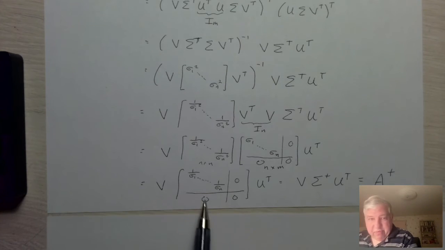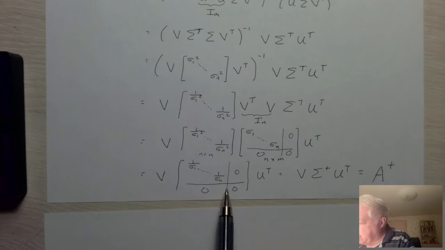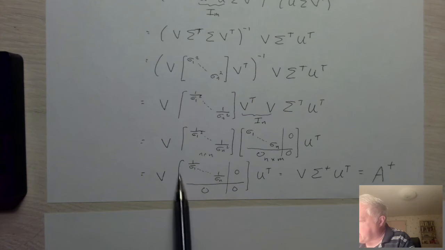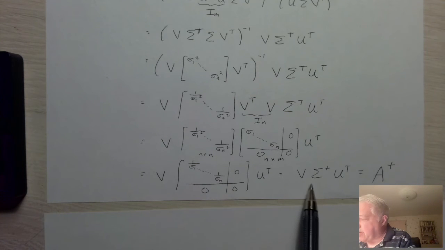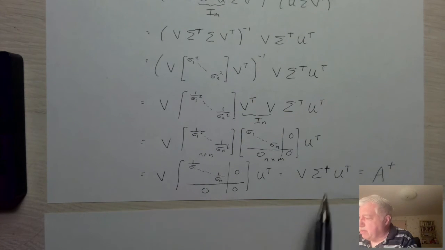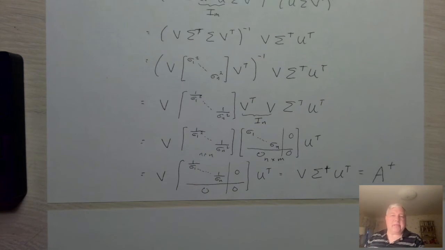So we get the reciprocals of all the singular values here, and we have 0, 0. Remember, this matrix will be n by m, and in fact, this matrix right here is precisely sigma plus, the way we define it. So we get V sigma plus U transpose, which is just A plus, the pseudo-inverse of A.